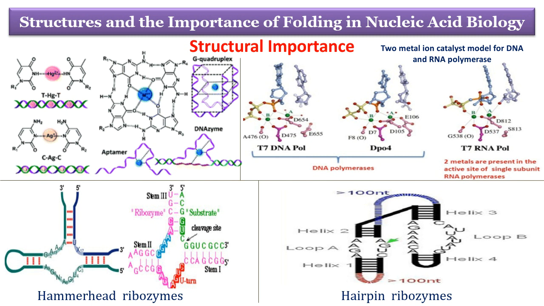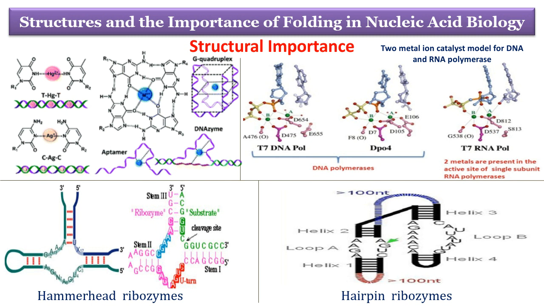These natural catalysts are named ribozymes. The hammerhead and hairpin ribozymes catalyze the site-specific cleavage and ligation reaction that transform the oligomeric forms of circular RNAs into monomeric circular form.